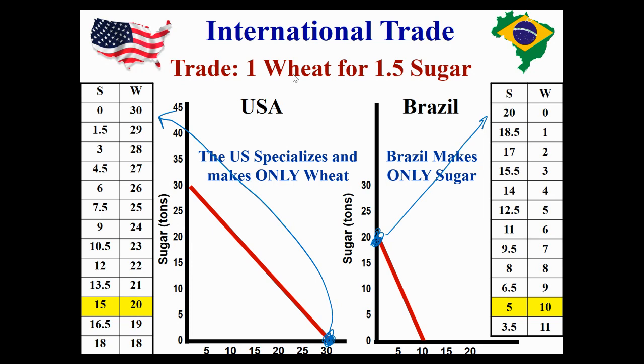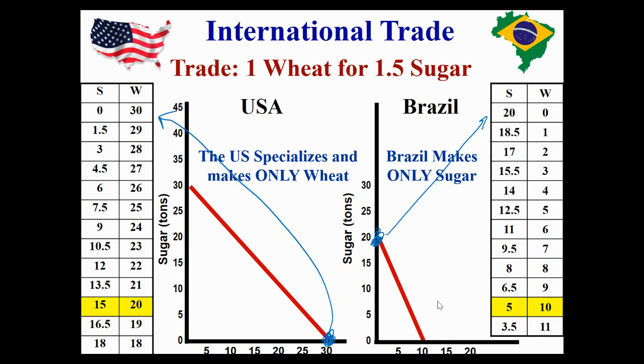And we're talking about this trade ratio up here on the top, 1 wheat for 1.5 sugars. So every time Brazil trades 1.5 sugars, they're going to get 1 wheat. Another 1.5 they trade, they get 2 wheats, and so on.